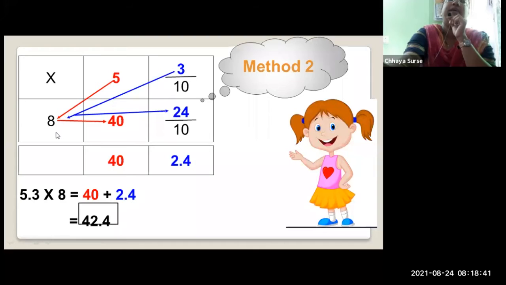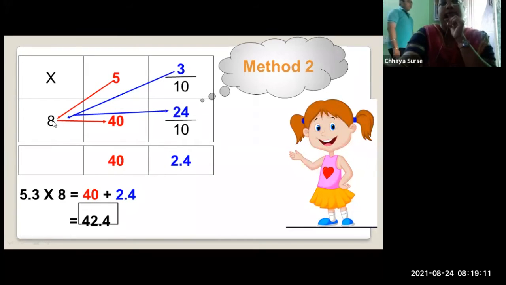So on the left-hand side we write 8 in the column. In the brackets we write horizontally 5 and 3 upon 10, converted into a common fraction, so we didn't give the decimal point here.